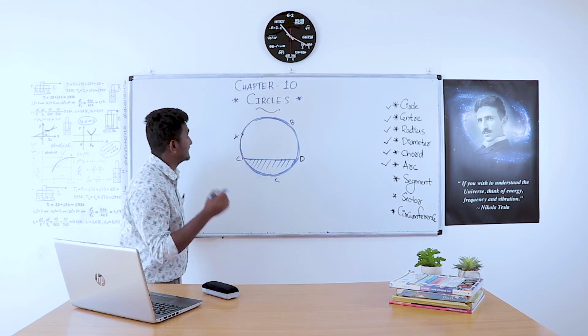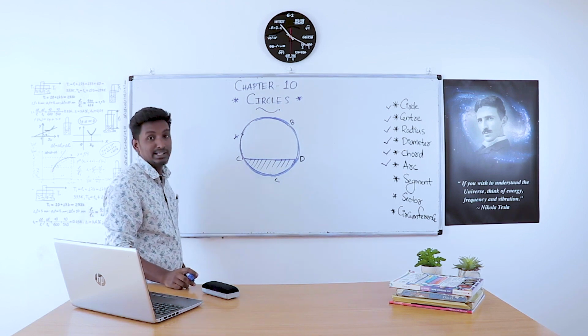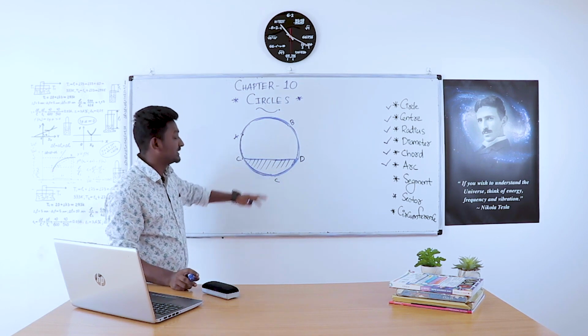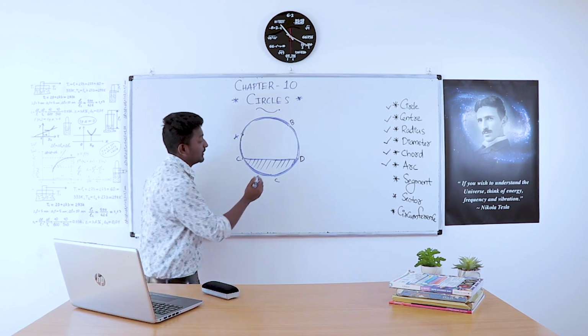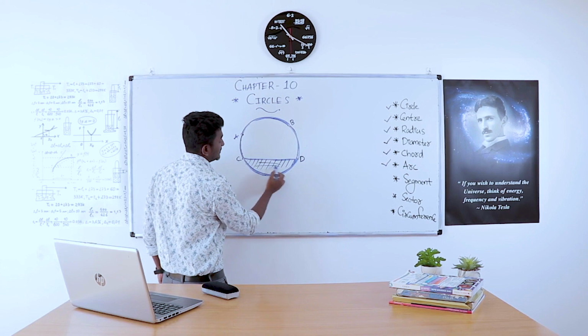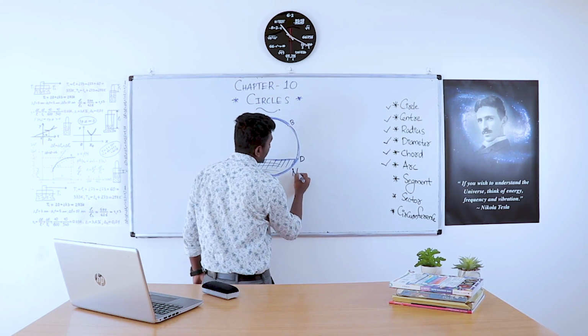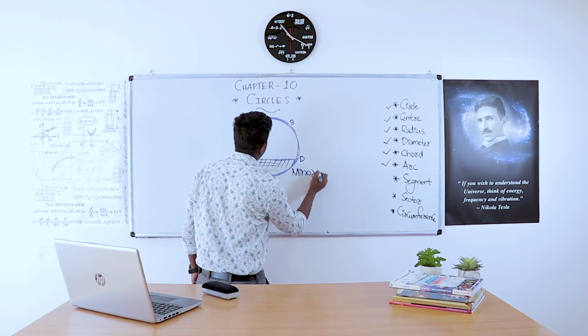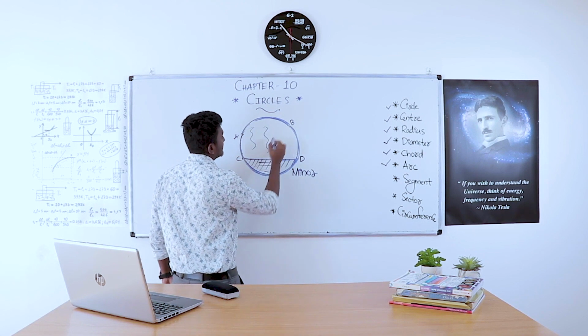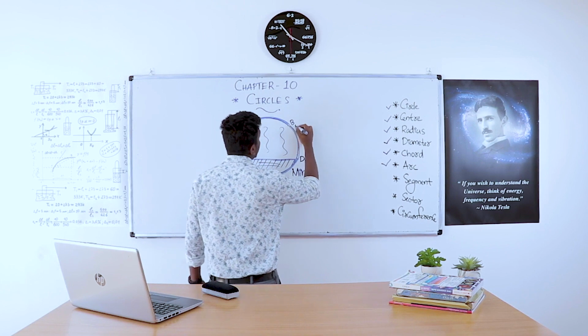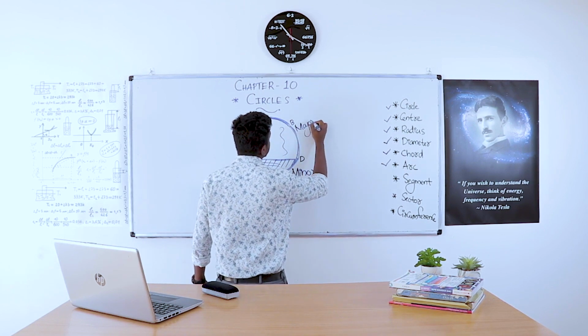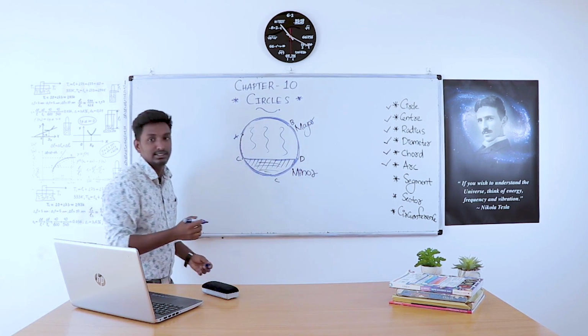And this segment can also be called a minor or major segment. The smallest segment is the minor segment and the largest one is the major segment. Now look at this figure. This is the smallest portion, therefore this is the minor segment. And this is the largest segment, therefore this is the major segment.